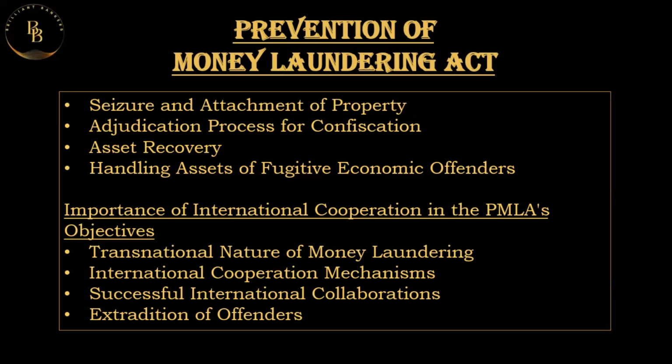India has signed multiple treaties with multiple countries, ensuring that fugitive criminals, the people involved in laundering crimes, can be brought back to face justice. For instance, extradition efforts were successful in a case like that of Christian Michel, a middleman in the AgustaWestland VVIP chopper deal, where international cooperation facilitated his return to India to face trial for corruption and money laundering.